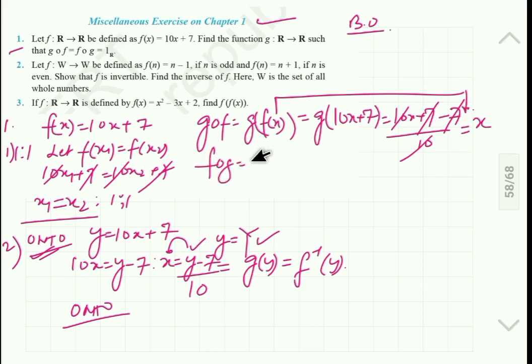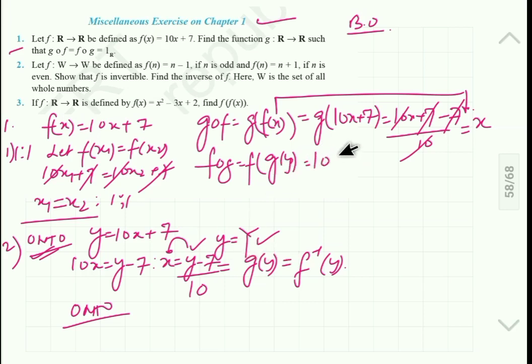Similarly for fog, f will take input as g(y), and what is g(y)? g(y) is (y minus 7) upon 10.